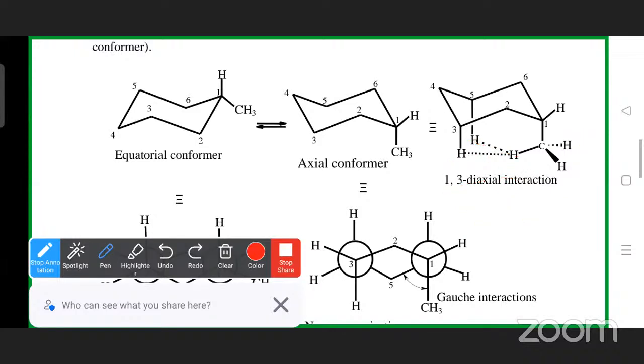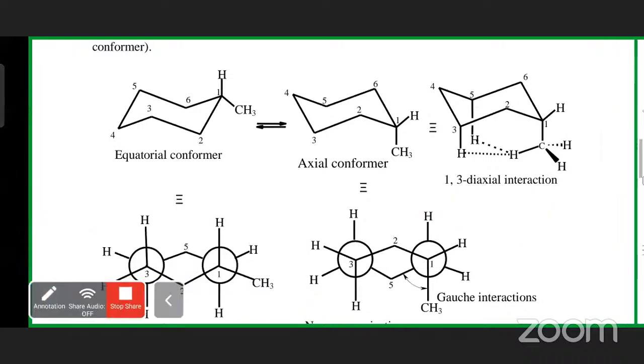This is axial and here is the axial. So you see the 1,3 diaxial interaction. Generally, when it is interacted here, then it is destabilizing.